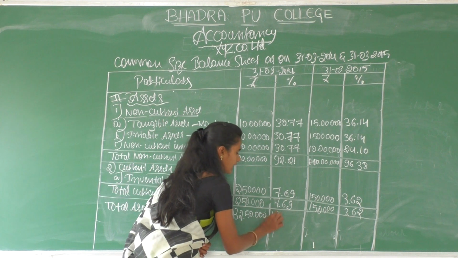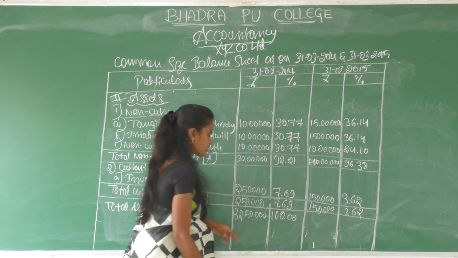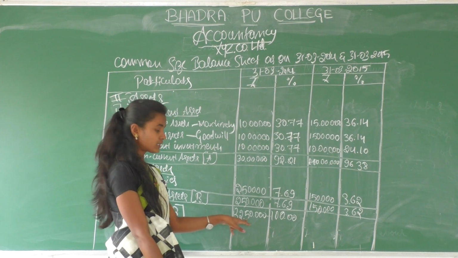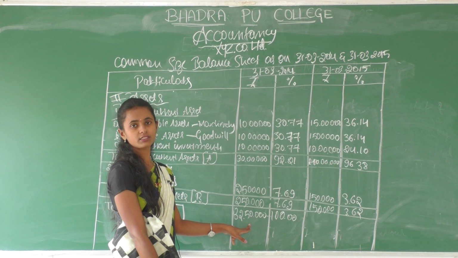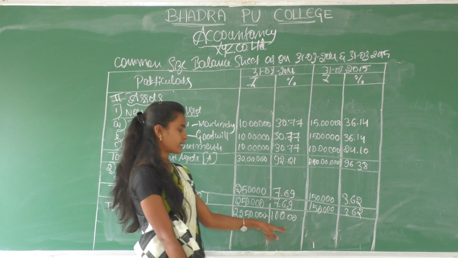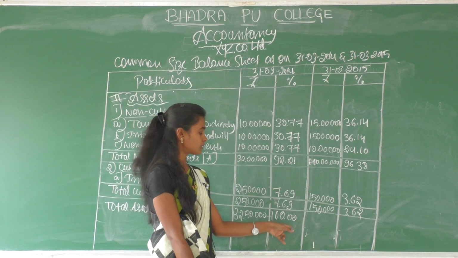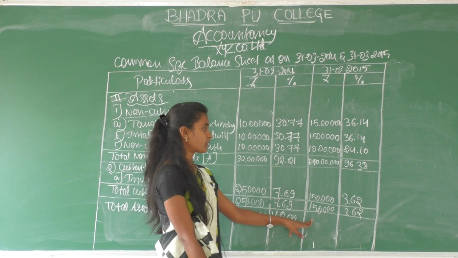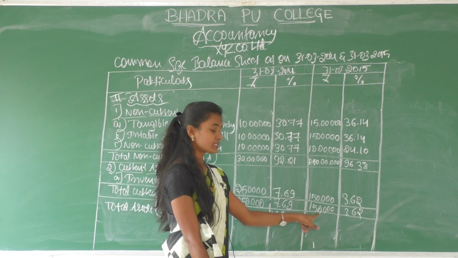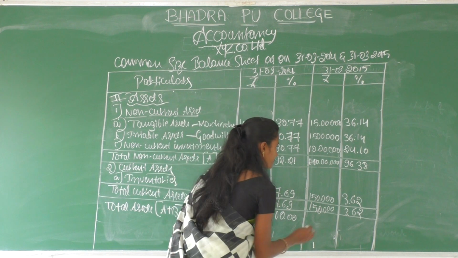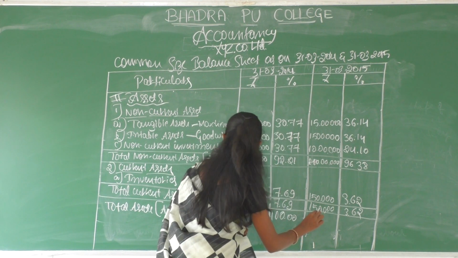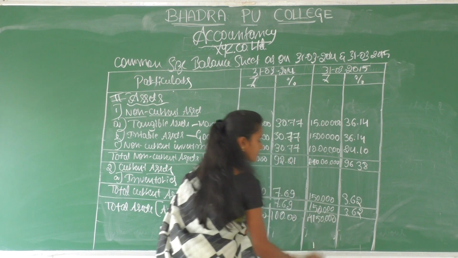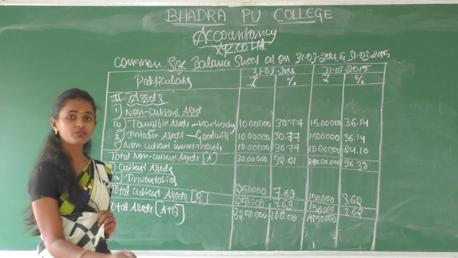Again it's 100%, because the calculation is 32,50,000 divided by our common value 32,50,000 into 100, so we get 100%. And here 40 lakh plus 1,50,000 is 41,50,000.